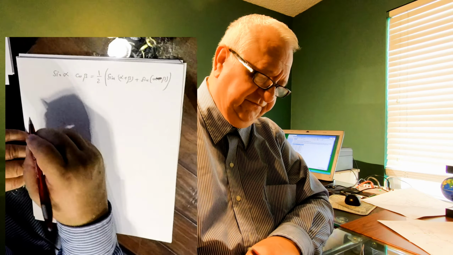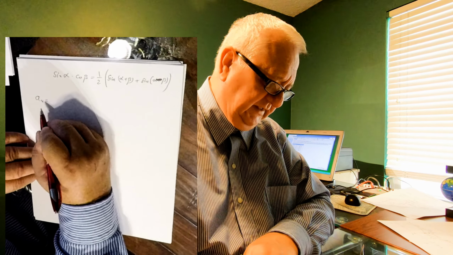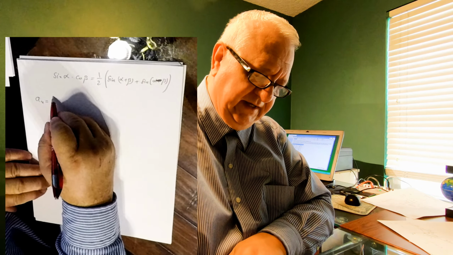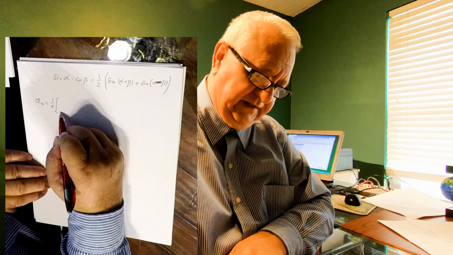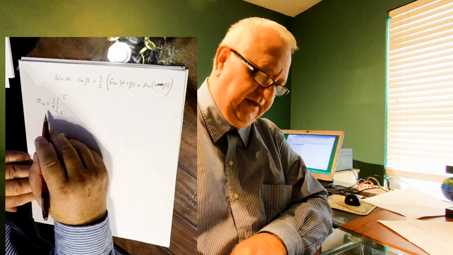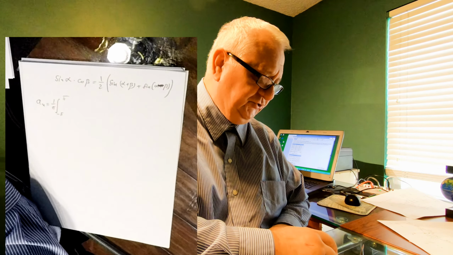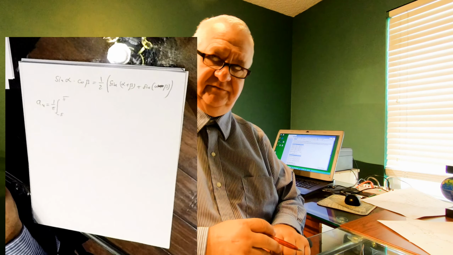Okay, so in my case, a_n becomes, as I've seen last time, 1 over pi, integral from minus pi to pi, and then alpha and beta are 2x and nx respectively.